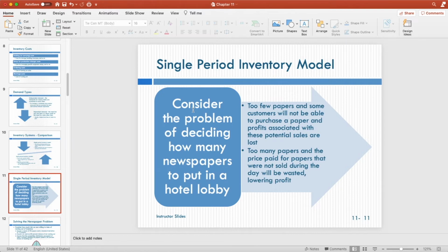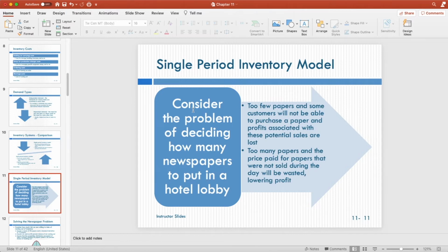When the visitors in your hotel wake up, if they are interested in that specific day's newspaper, they may buy from you, and then you earn some money by selling the newspaper to your customers.